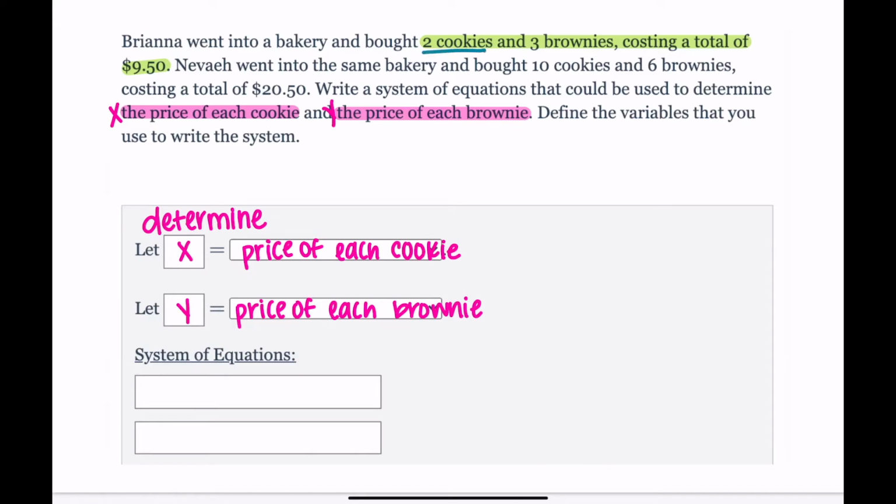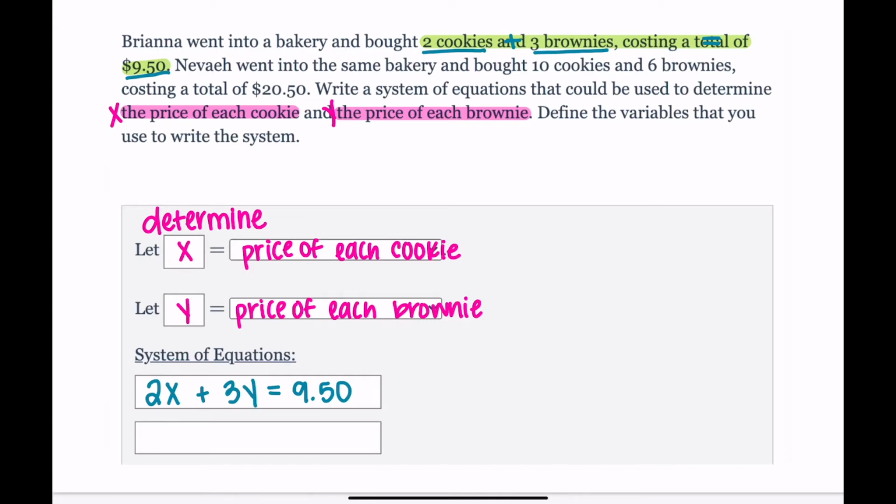2 cookies plus 3 brownies equals $9.50. So 2 times however much a cookie costs plus 3 times however much a brownie costs was a total of $9.50.